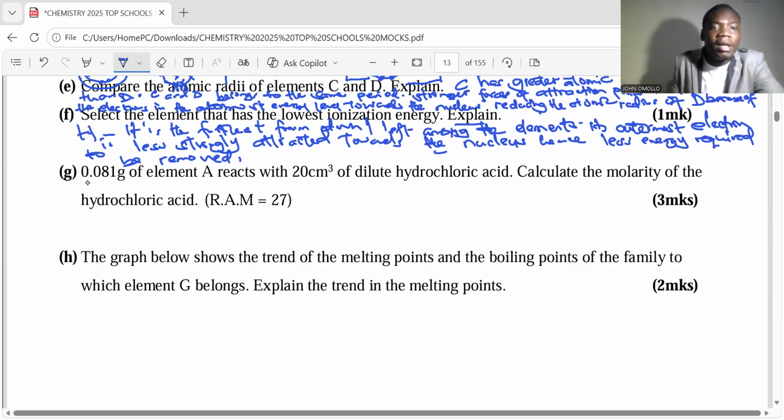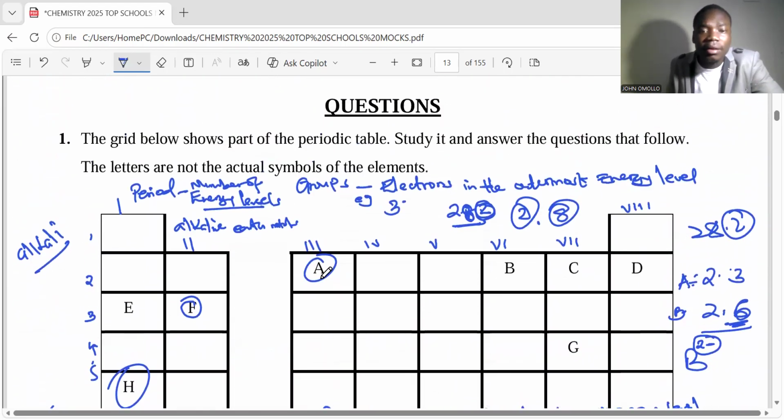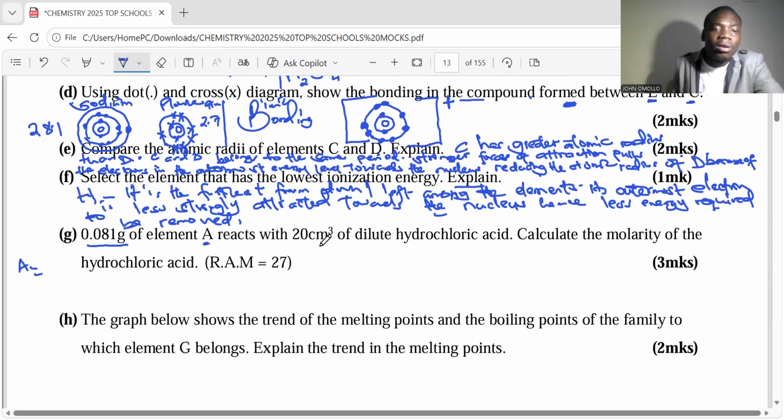G. 0.081 gram of element A. Element A is up there. Element A is this one. It belongs to group 3, period 2. So A reacts with hydrochloric acid.